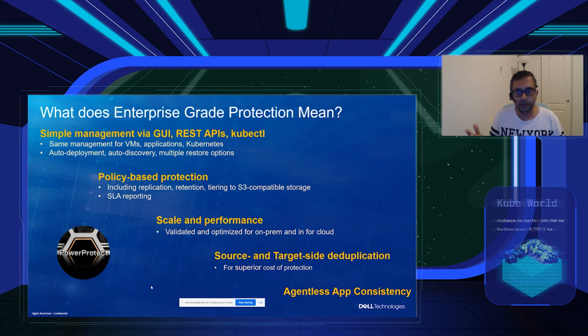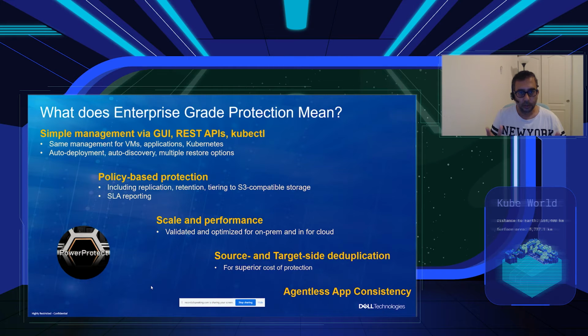So some of these functions are available as part of the PowerProtect Data Manager, and there are a number of automation features. While the IT teams may not be fully trained or exposed to Kubernetes, we have made the process very easy. We have a concept of what you call discovery.